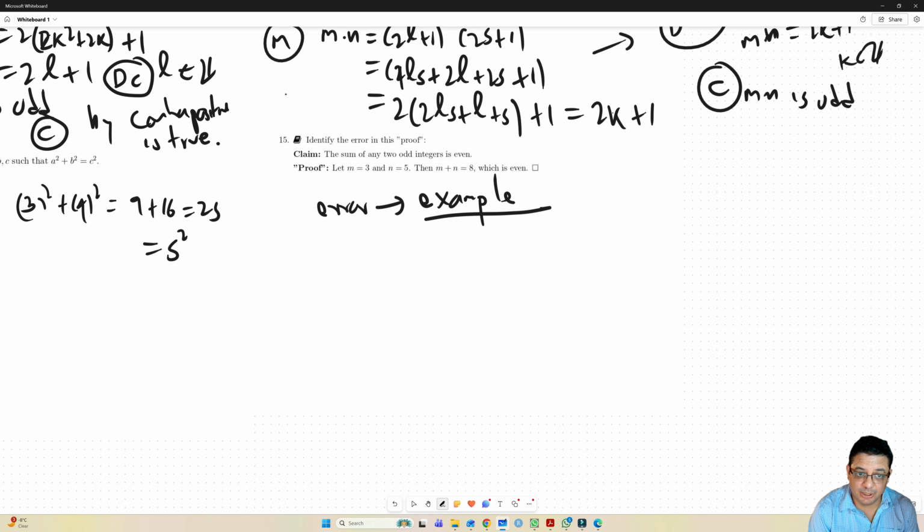This is not giving me all numbers. This is just one single example, which is not a valid proof. This is a valid argument, but this is not going to prove it. We already proved this statement before in class, that the sum of two odd integers is going to be even. So just make sure that when you're checking any of these statements, if you have an example, don't use it as a proof.